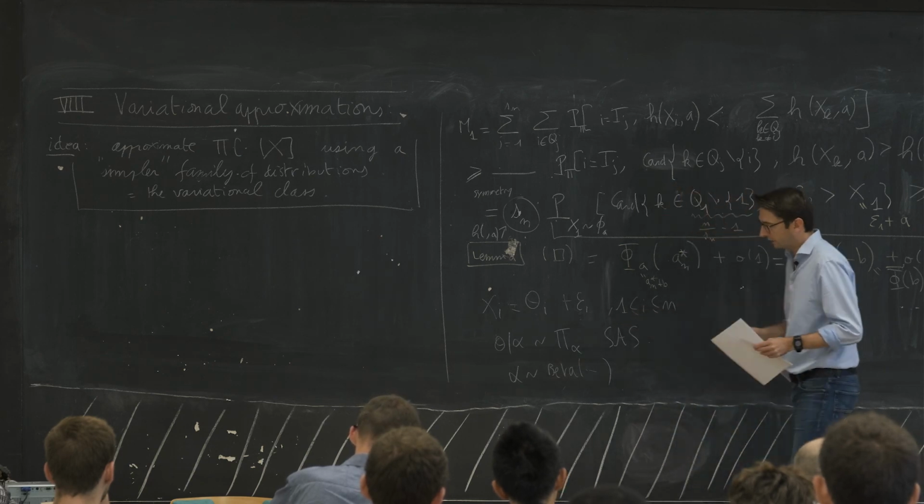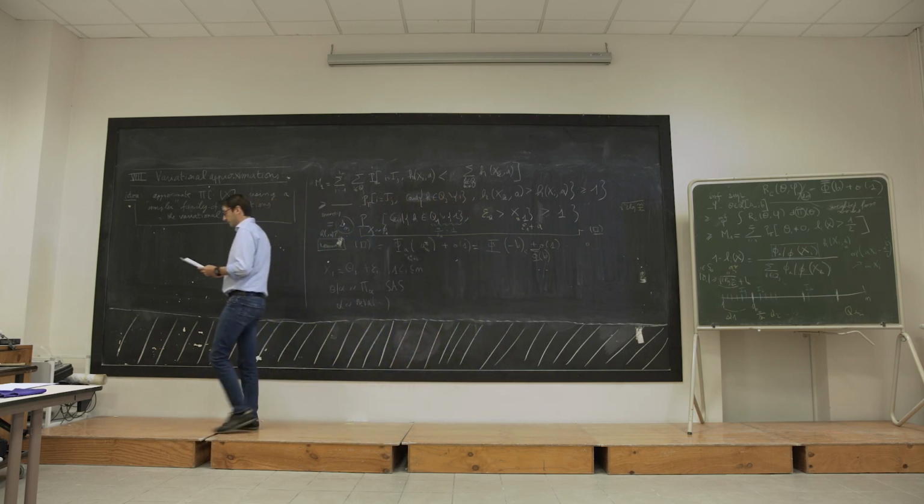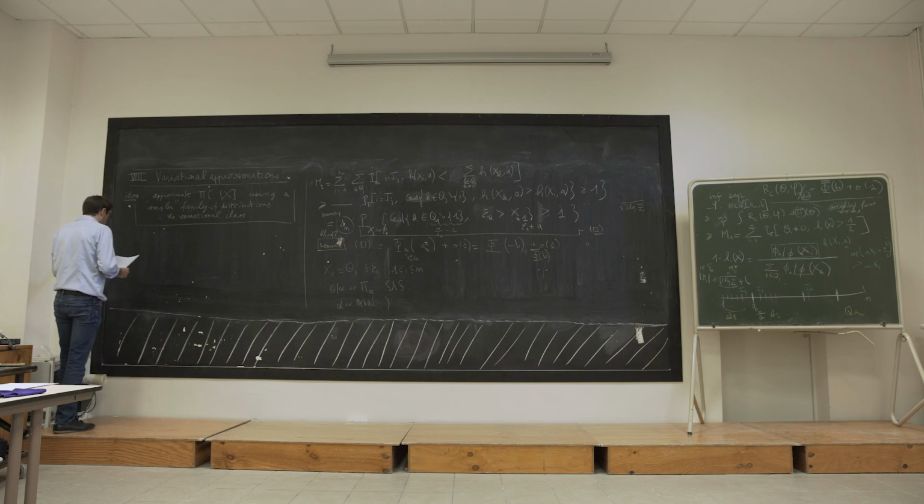And this is what is called the mean-field type variational class. Of course, there is going to be a trade-off between the complexity of the class and the computability. So I'll come back to that.